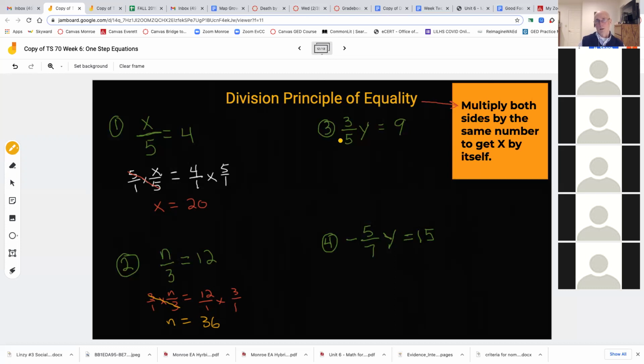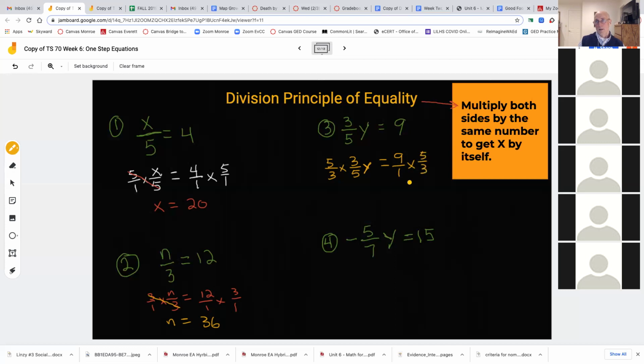Let's do number 3 here because it's a good example of something that looks slightly different, but it's still the same principle. So I've got 3/5 y equals 9. What I'm going to do is take this 3/5 y. What is the reciprocal? This is why you had to learn a little bit of fractions before you got into this class, or at the beginning at least. What's the reciprocal of 3 over 5? It's 5 over 3. Equals, whatever I did to the left side, I'm going to do to the right side, 5 over 3.